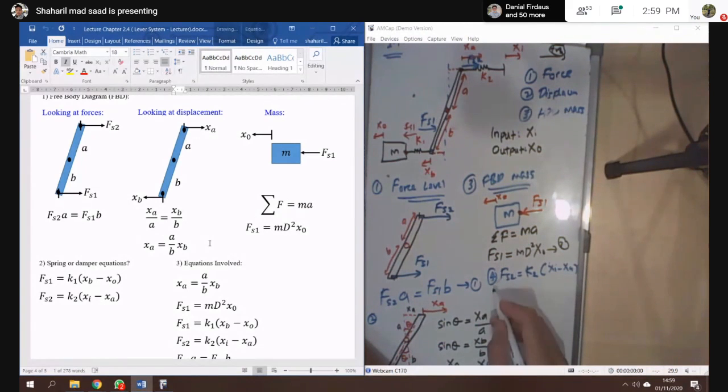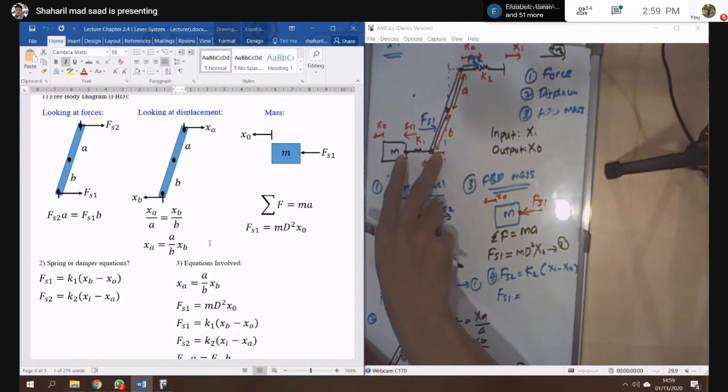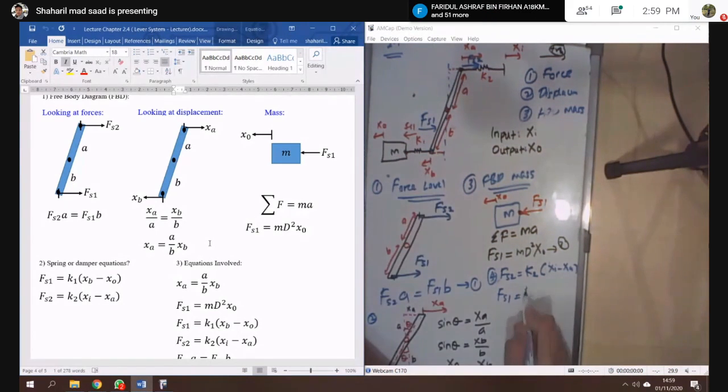And then you also have the spring FS1 because the post is also free, alright? So you can get K1 (XB minus X naught). Why?